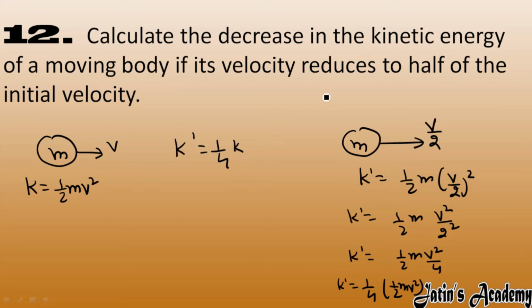Now we have to calculate what the decrease is. Decrease means initial kinetic energy minus final kinetic energy, because initial kinetic energy is more and final kinetic energy is less. That's why we take initial kinetic energy at the front and final kinetic energy on the right side. Initial kinetic energy is k, final kinetic energy k dash is 1 by 4 k. Taking the LCM, 4, we get 4k minus k, which is 3k by 4.